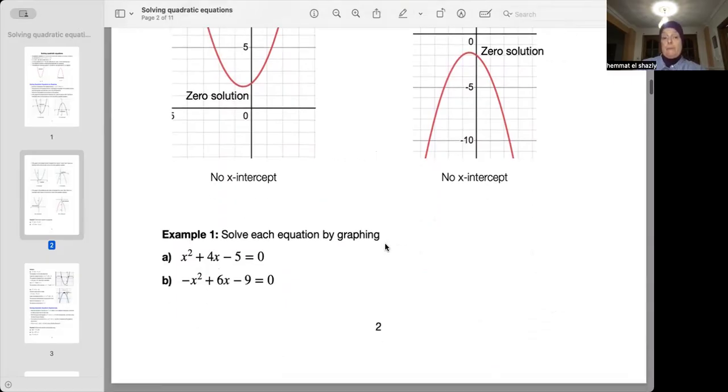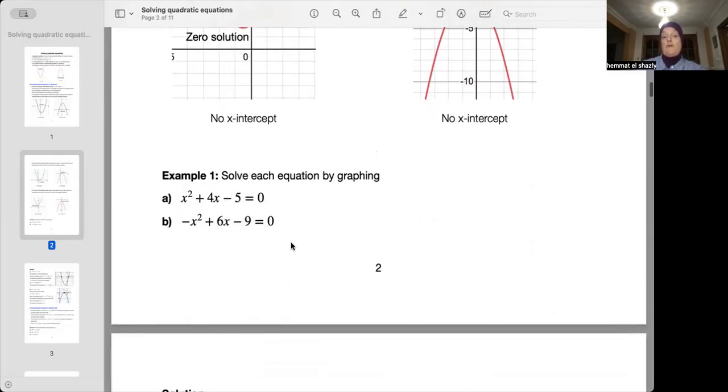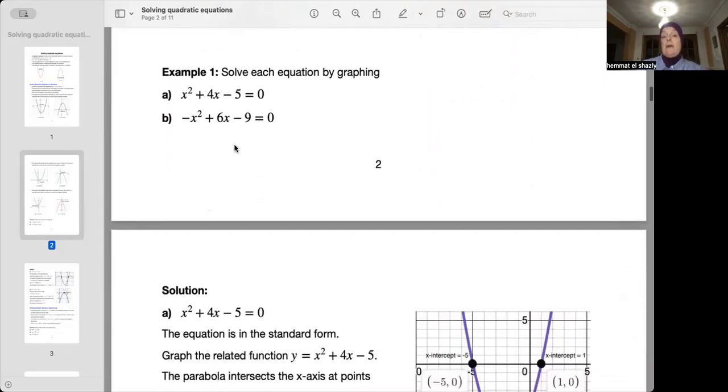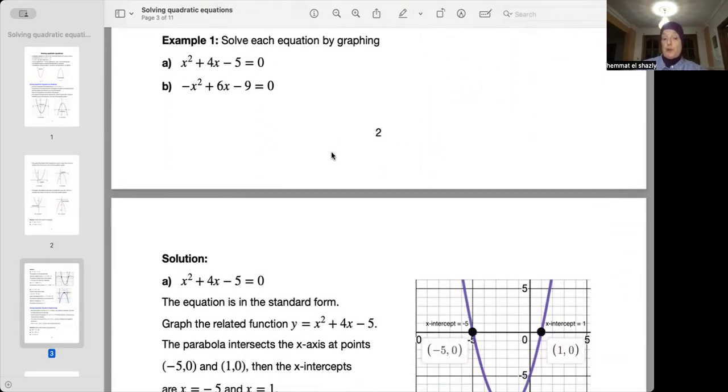For example, we want to solve each equation by graphing. x² + 4x - 5 = 0. This equation will be represented by an upward parabola because the coefficient of x² is 1, which is greater than 0, so the parabola will be upward.